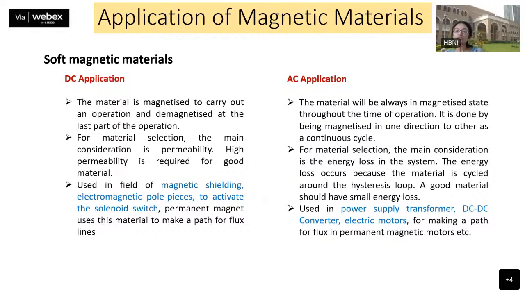This is generally used in power supply transformers, in DC-DC converters, in electric motors. Normally the maximum application of these soft magnetic materials is in the field of power supply transformers. All our transformer lines basically have this kind of soft magnetic materials.